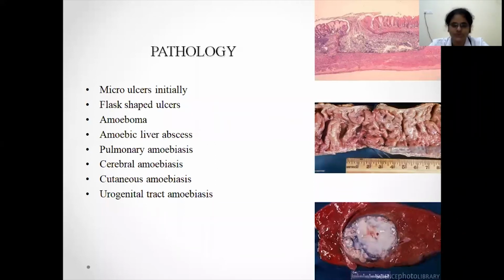Here what you're supposed to note is that it's a single large abscess. Usually this abscess will be in the right lobe of the liver, majority of the times. The other extraintestinal manifestations will be pulmonary amoebiasis, where abscesses can be in the lung, or in the brain, cerebral amoebiasis, or cutaneous amoebiasis, and also urogenital tract involvement.